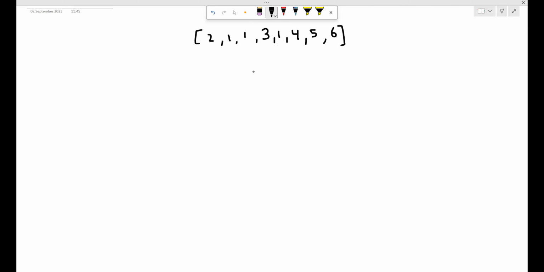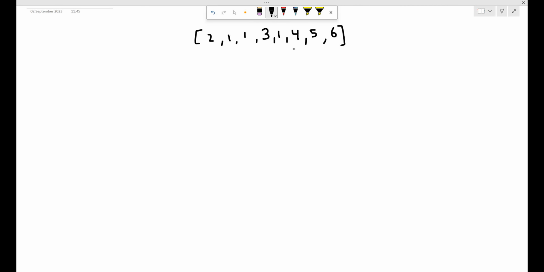So we are given this array 2, 1, 1, 3, 1, 4, 5, 6. Right. Now what we have to do is find all the elements which appear more than n by 3 times, right? Before we start, let's understand a few things in this question.